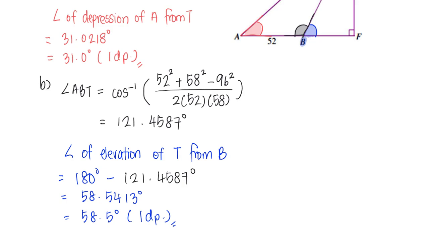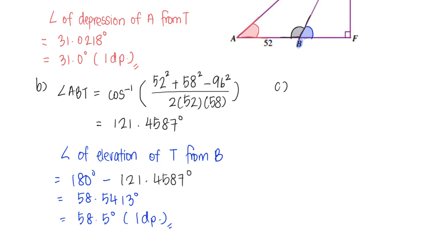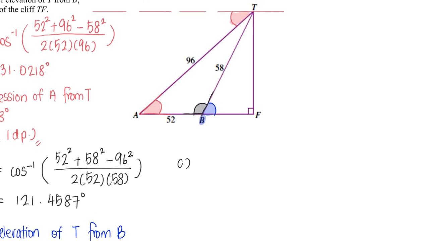And for part C, we are now required to find the height TF. Then I'm going to look at my green triangle.